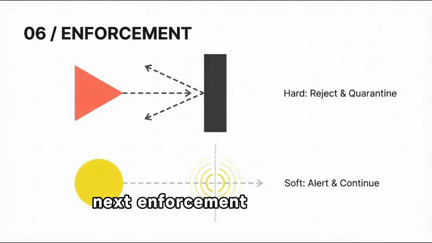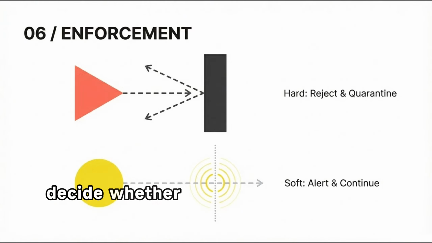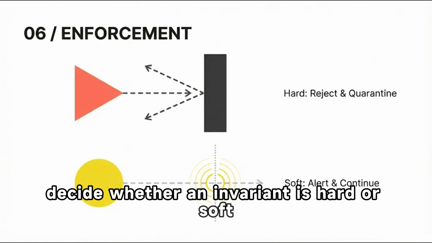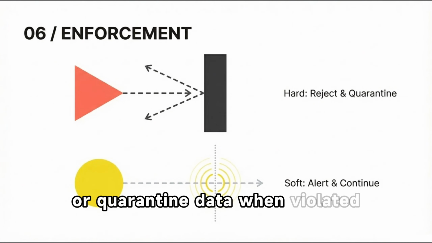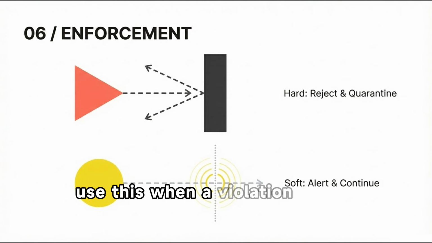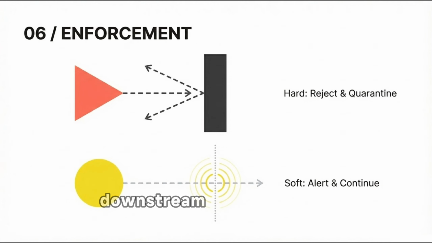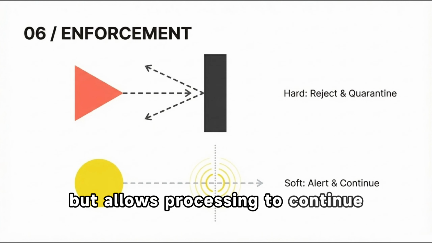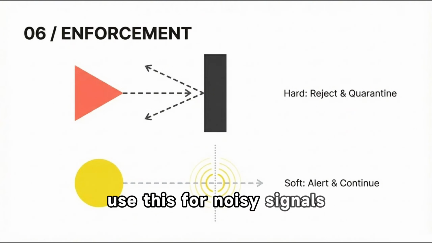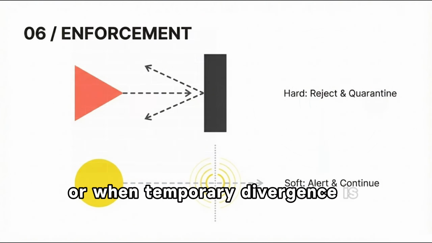Next, enforcement and alerts. Decide whether an invariant is hard or soft. A hard invariant will reject or quarantine data when violated. Use this when a violation would produce catastrophic downstream consequences, for example, billing calculations. A soft invariant raises alerts but allows processing to continue. Use this for noisy signals or when temporary divergence is acceptable.